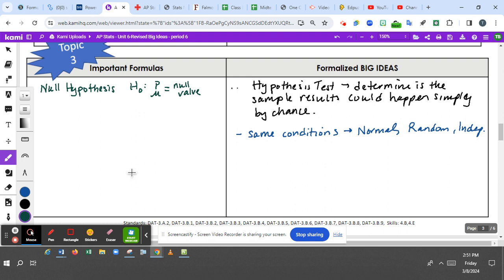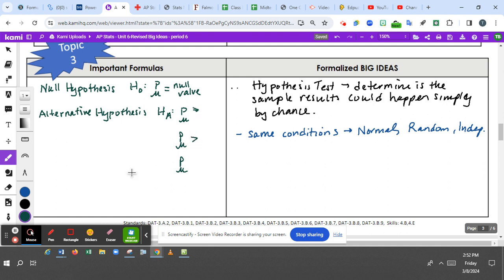Okay, always have that. When we move from null, we then go to the alternative hypothesis, H sub A, and that can be a p or a mu, but it can fit one of 3 circumstances. And I'm going to draw a picture over here to go with each circumstance, which is why I am kind of going.